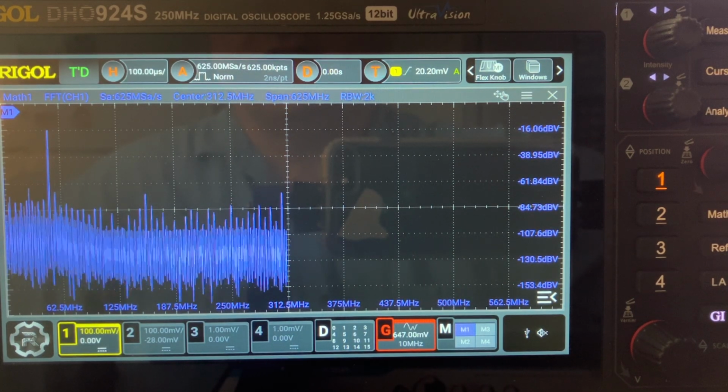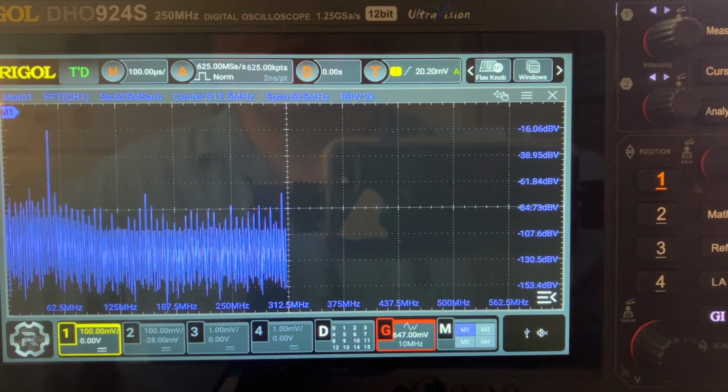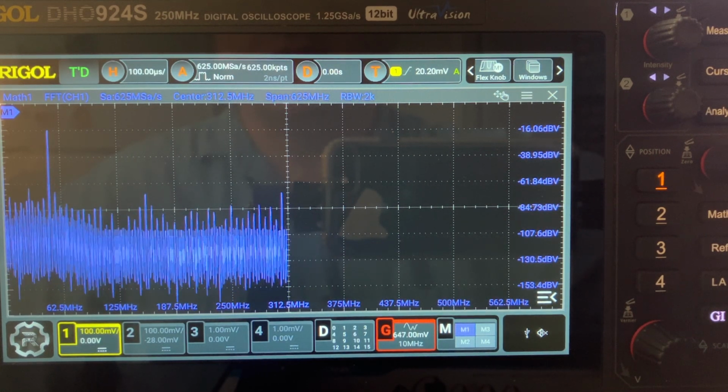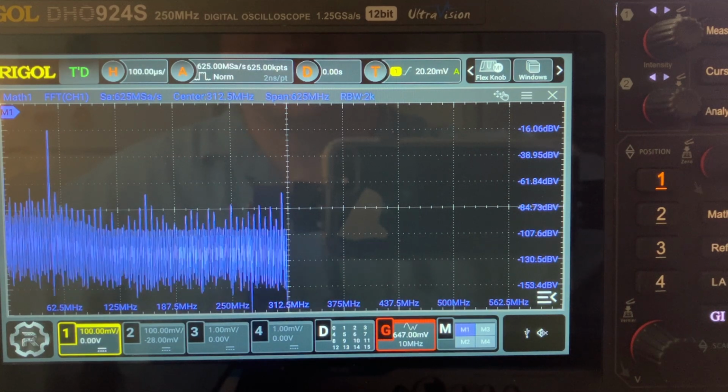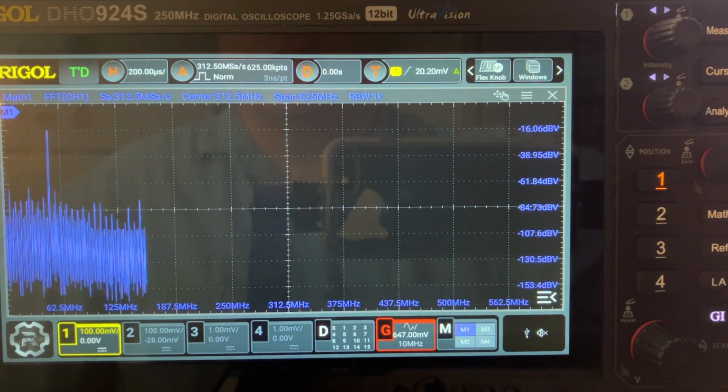But on the FFT display, you see the consequence. It has to reduce the sampling rate to record over that time. And the more you increase the time, the lower the sampling rate gets. So you are limited here to this value.